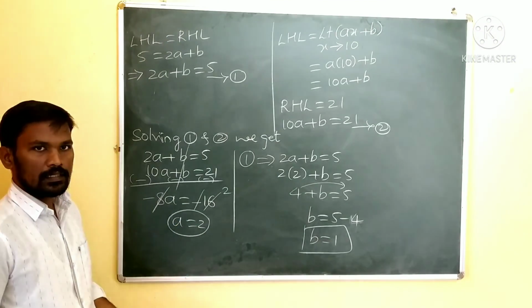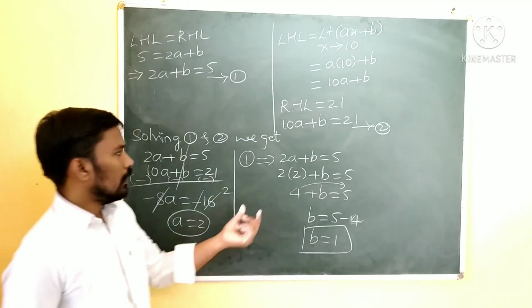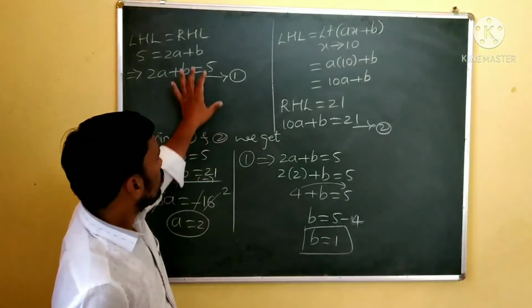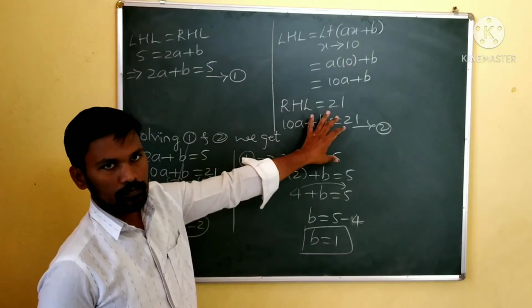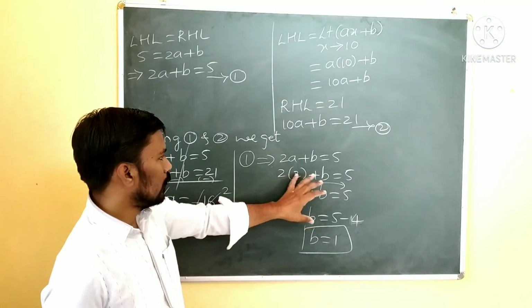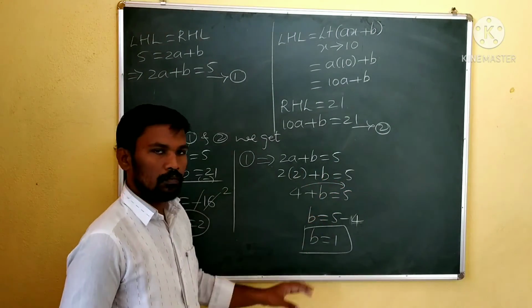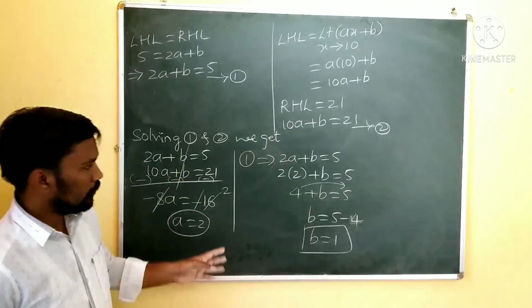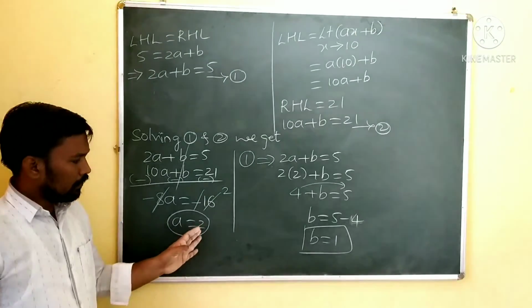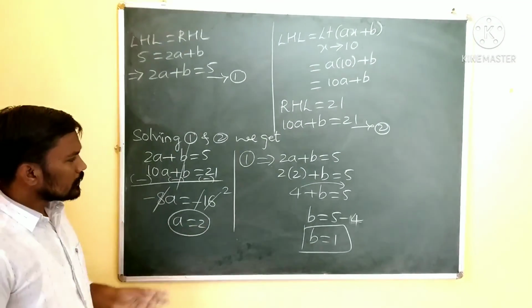Therefore, a is equal to minus 16 by minus 8, which is plus 2. Now I put the a value in either equation 1 or 2: 2 into 2, 4 plus b is equal to 5, b is equal to 5 minus 4, which is 1. So these are the required values of a and b.